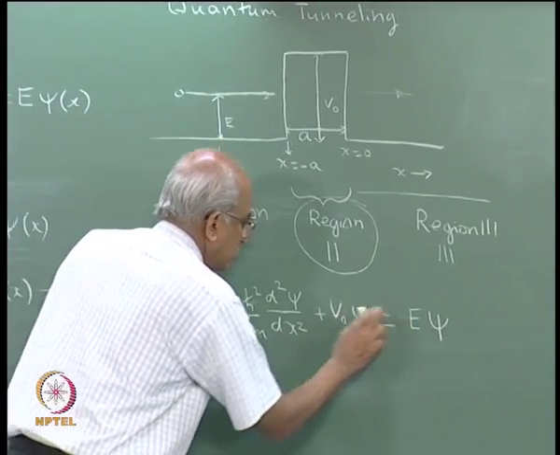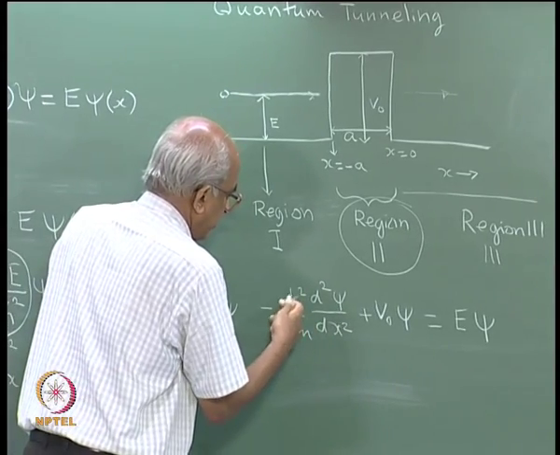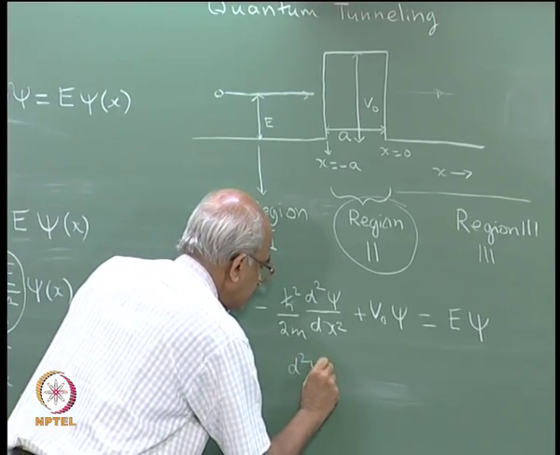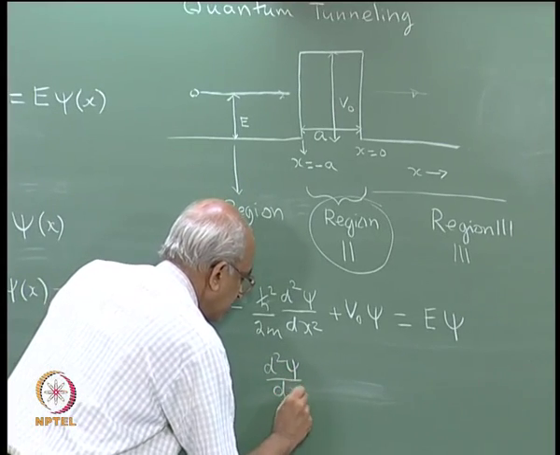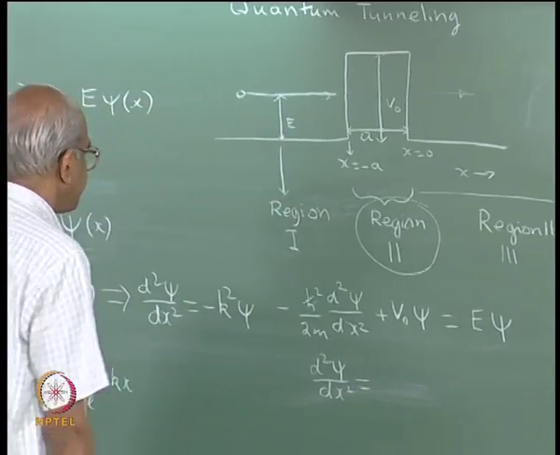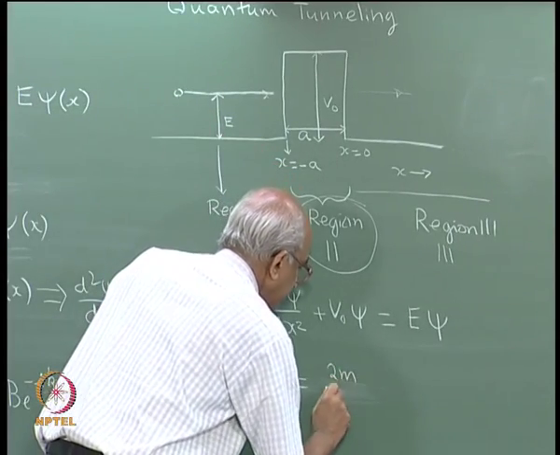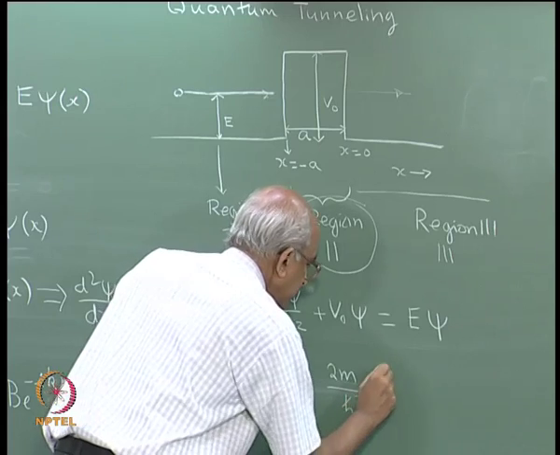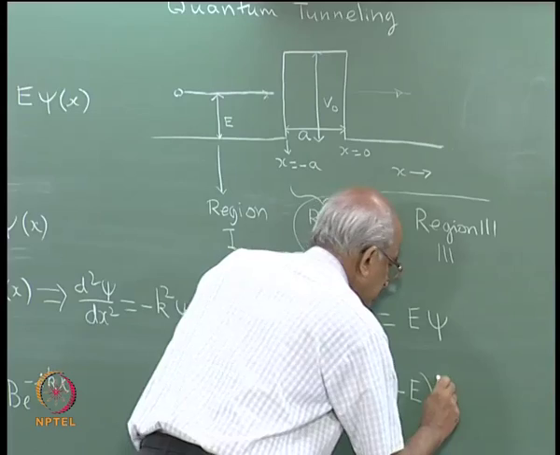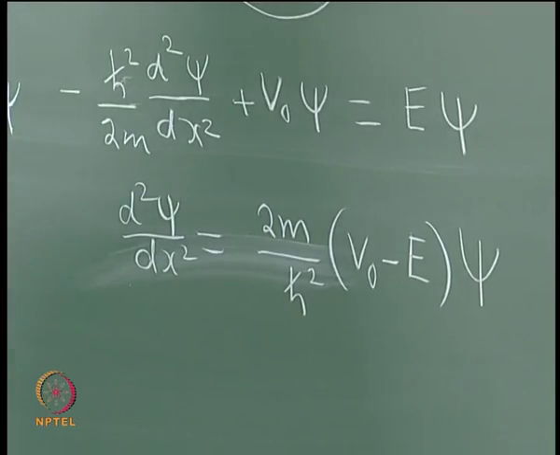You can take this v0 to the other side and multiply throughout by minus 2m by h cross square, so that you have only d square psi by dx square on the left hand side, and you will find that it may be written as 2m divided by h cross square into v0 minus E into psi. That is just rewriting this differential equation.